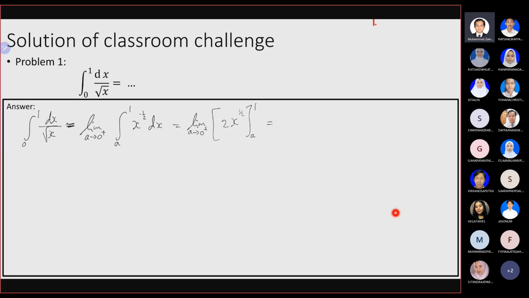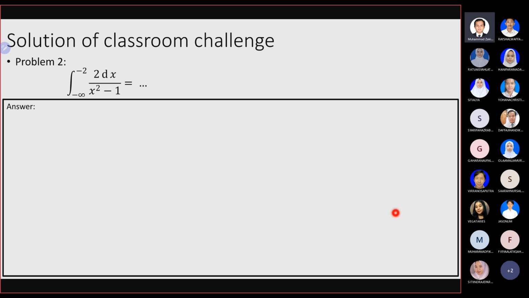Then here we have the limit a goes to 0 from the right, and what's inside the bracket is 2 times square root of 1, which is 2, minus 2 times square root of a. If a is approaching 0 from the right, then square root of a is 0, so this is equal to 2.